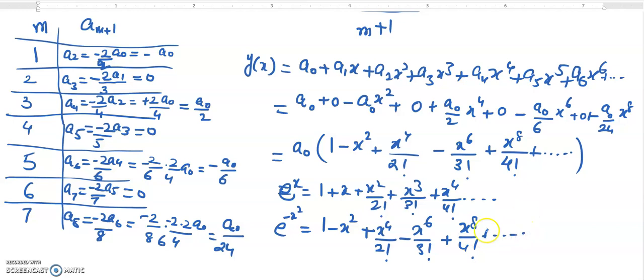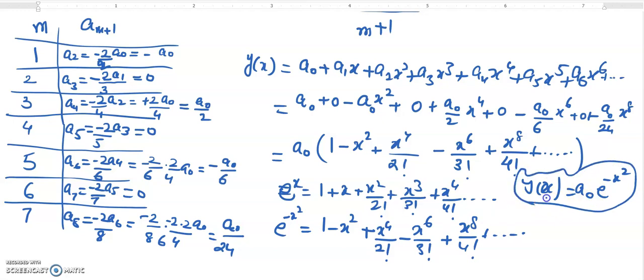So in fact what is in this bracket is y of x, which is A naught into e power minus x square, the same solution as we got by the separation of variables method.